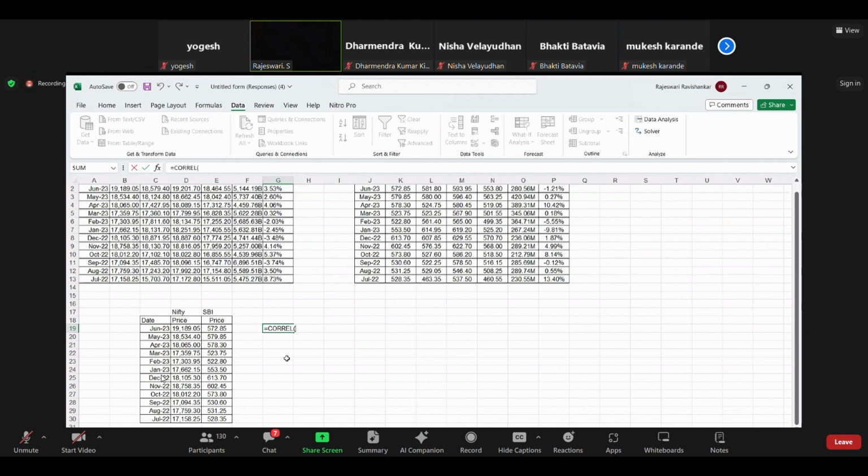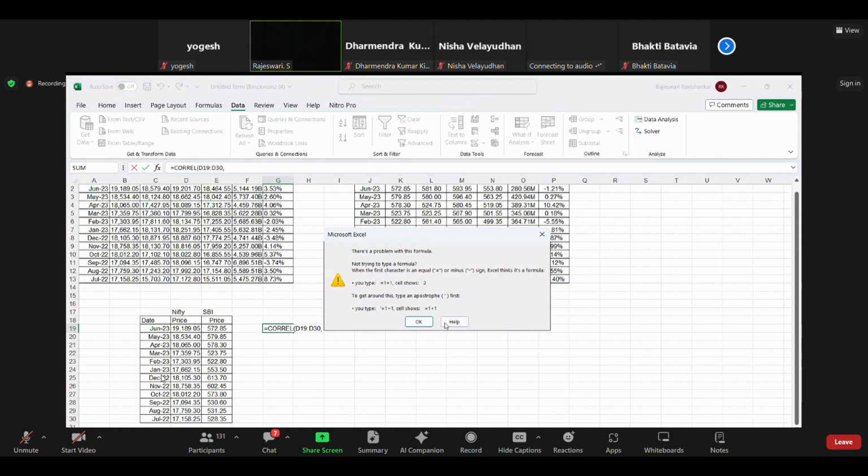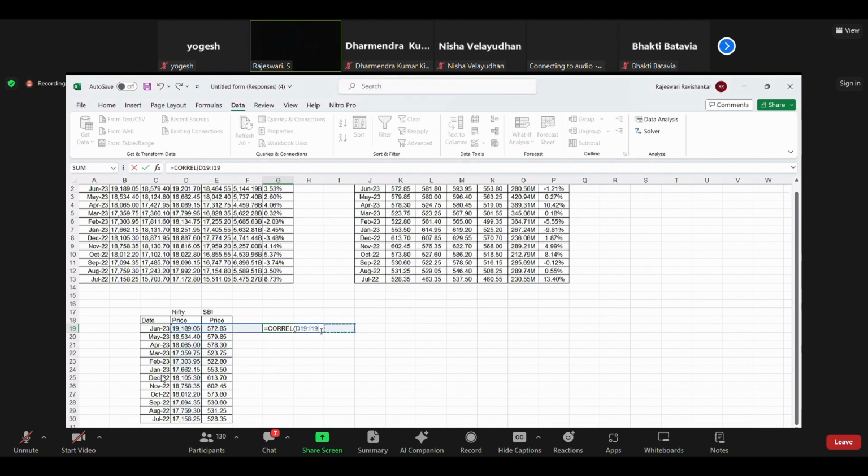Then it will ask for two values. And I will close it. Correlation can be used only for two types of data, when you have only two values.